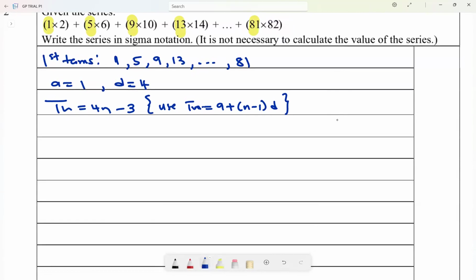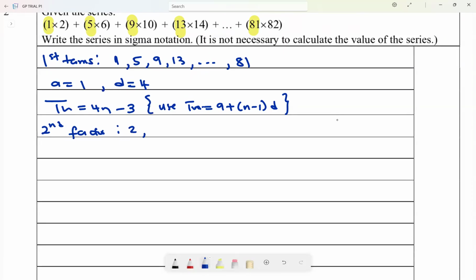And then let's look at the second term, or second factors. Let me call them factors of the bracket. Let's see what's happening there. Again, I have 2.